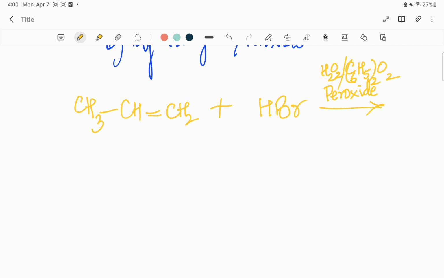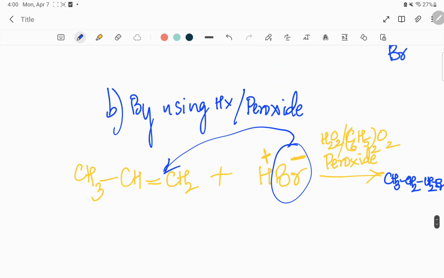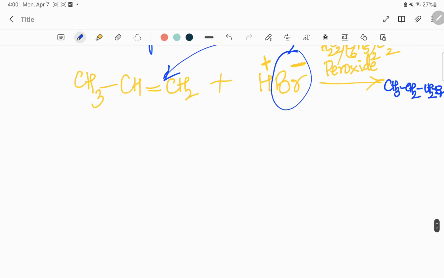So in this case, the negative part of the addendum is bromide, and according to anti-Markovnikov's rule, the negative part should go to the carbon atom with greater number of hydrogens. So you will see that the product is CH3CH2CH2Br, that is 1-bromopropane. Here the product is 2-bromopropane. Here the product is 1-bromopropane.